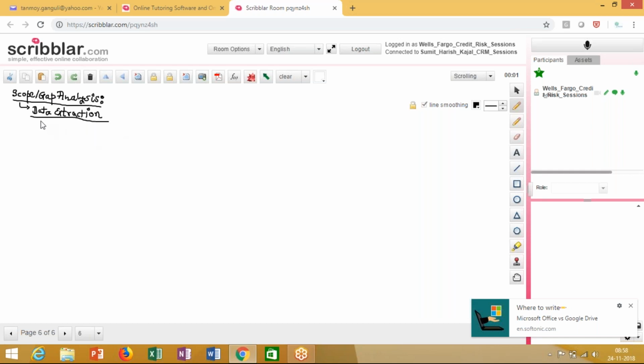And the next part after data extraction was the data quality checks. So these are the first three stages of developing the scorecards, right?